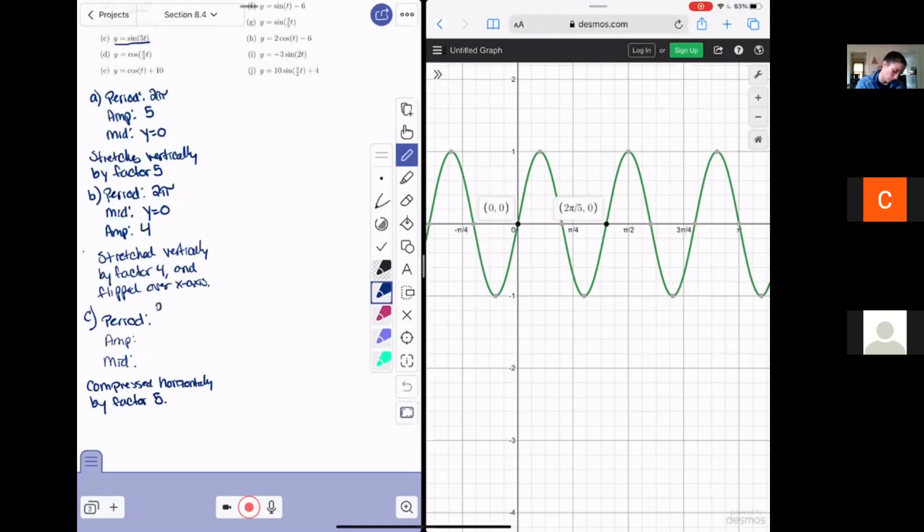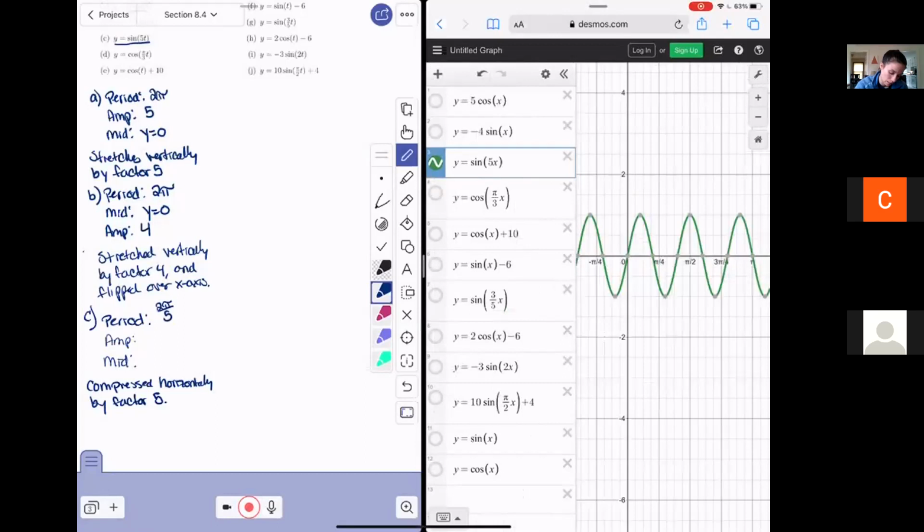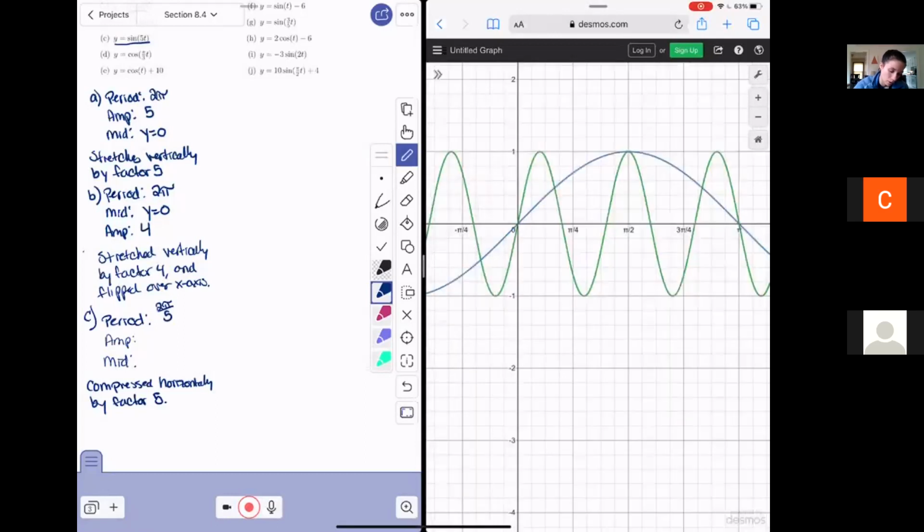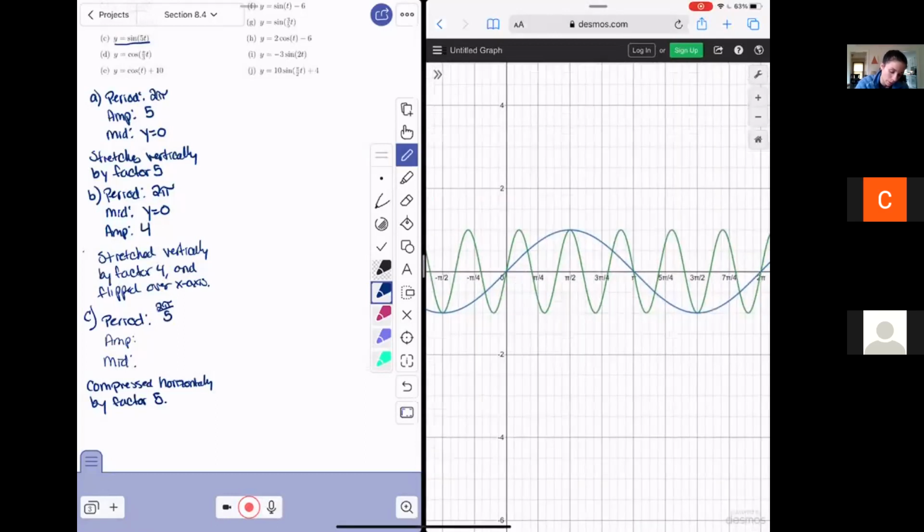But that makes sense because remember, one period is 2 pi for our sine curve. But if we're compressing it by a factor 5, I'm going to divide the period by 5 to condense it. And that's how we end up with 2 pi over 5.